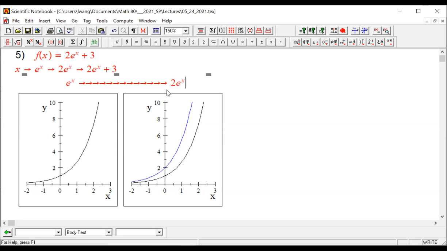So with the basic picture we had about e to the power x, we can do more, right? So all the output is doubled, right? To understand the meaning of a doubling, for the same input, e to the power x, the output is double the output from before. For the input of 0, the output before was this much.